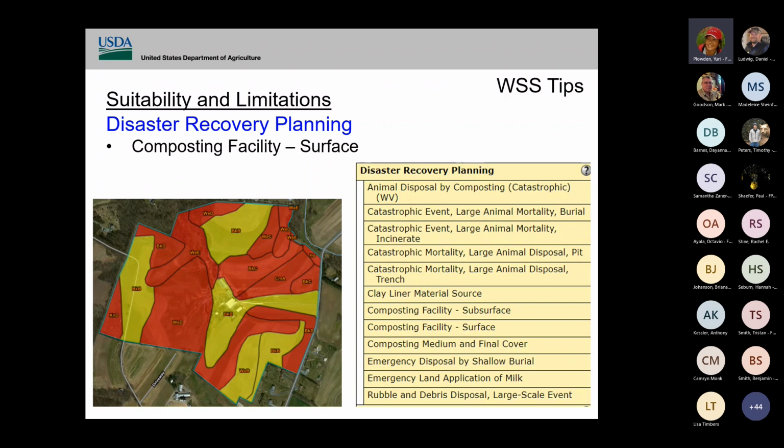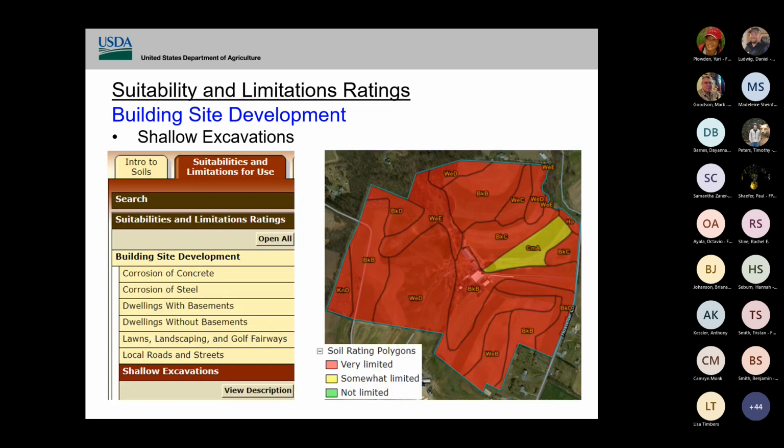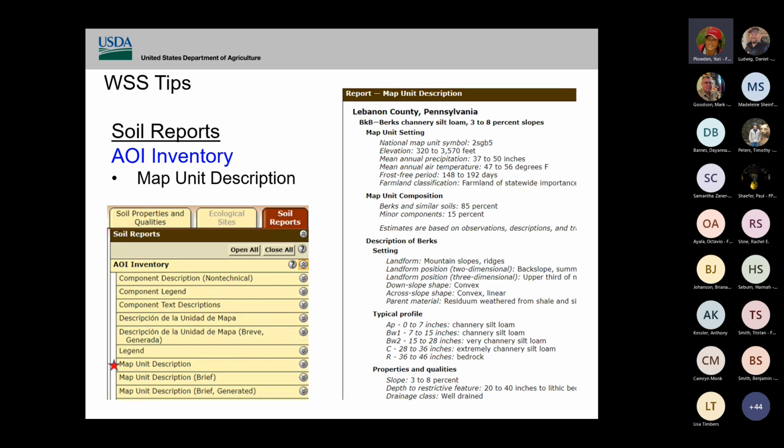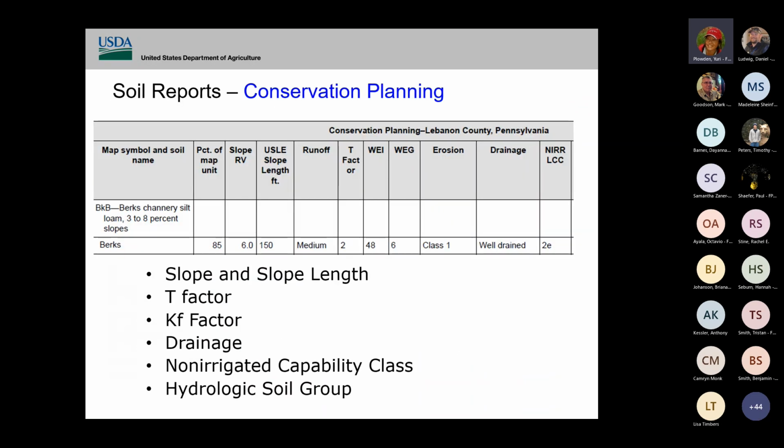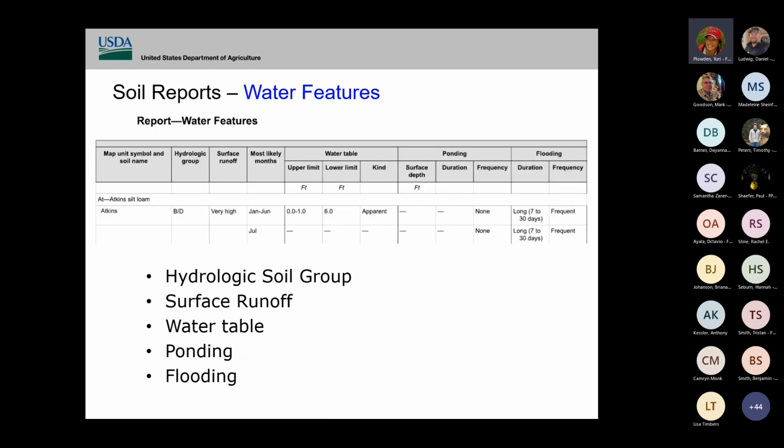So when avian influenza broke out, we made sure we had this surface composting interpretation available. Building site development. And part of the AOI inventory is getting that map unit description. And I am going to stop it right there, so that's just lots and lots of reports.